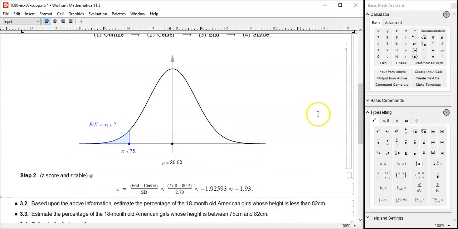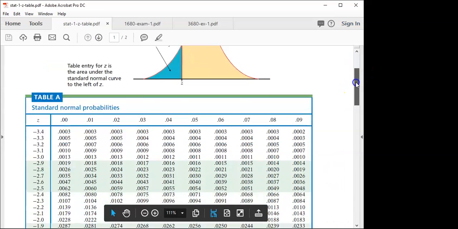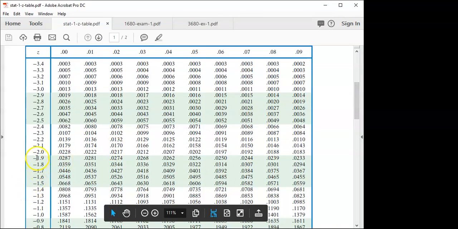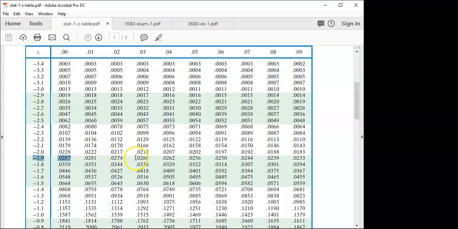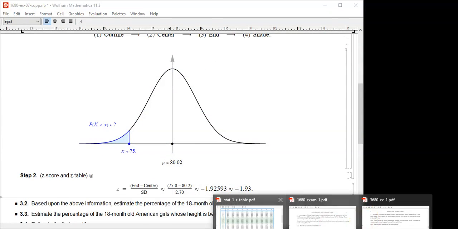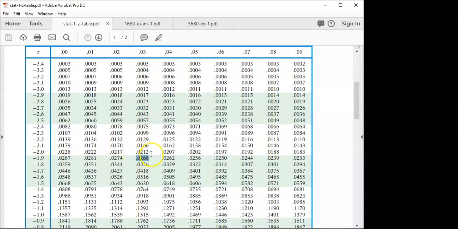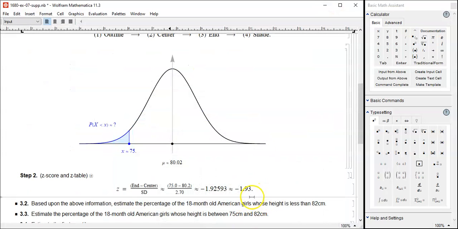Negative 1.93: negative 1.9 is in this row, and then 3. So the probability is 0.0268.